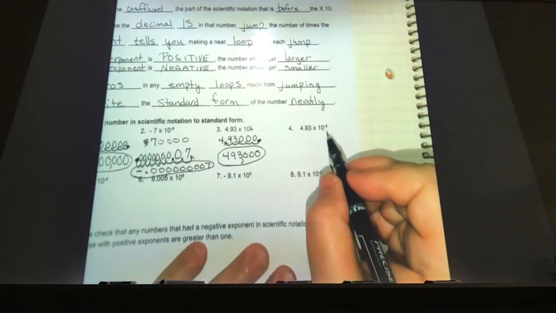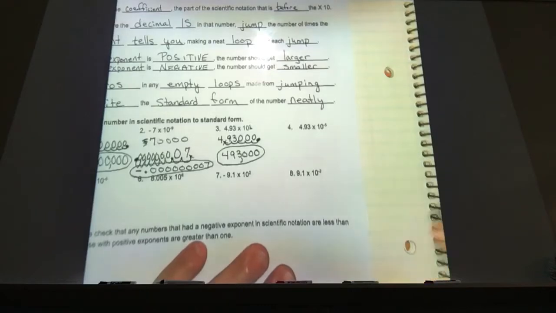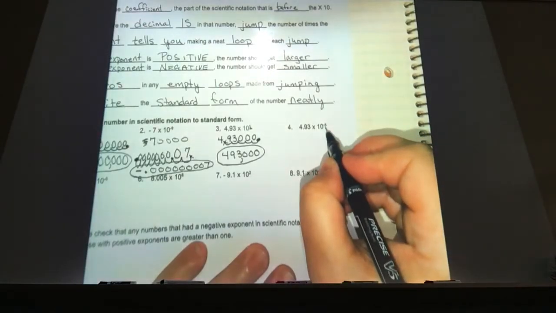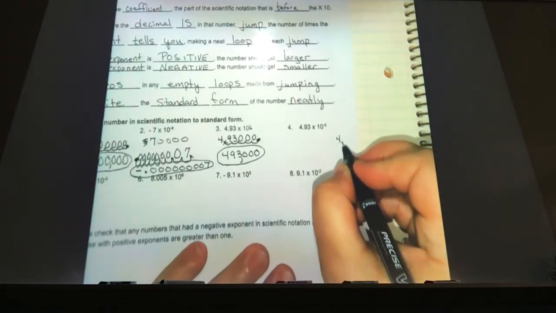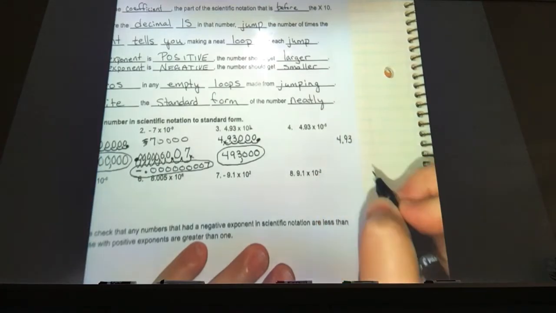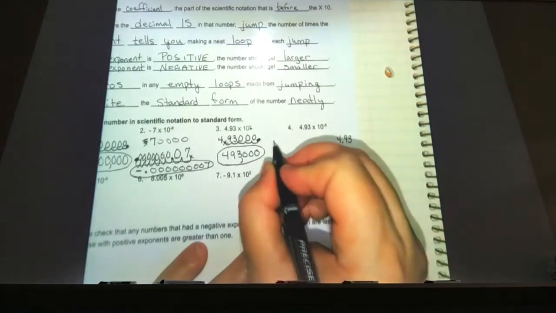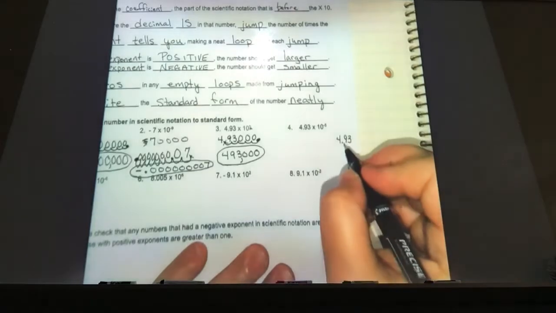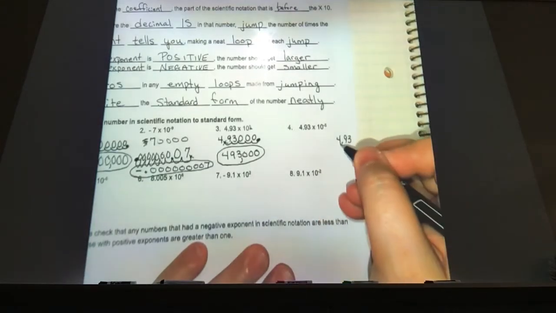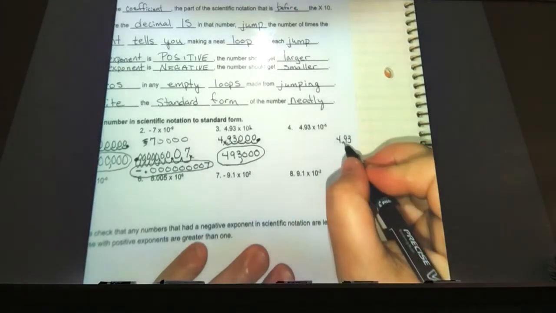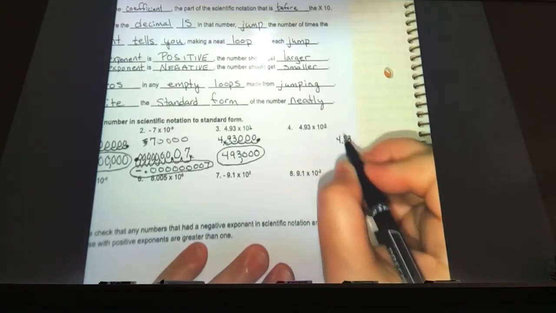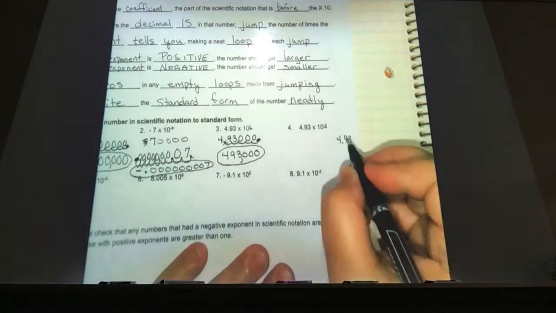This one is going to get smaller. Here's a little hint for having enough room when you're writing these. If it's one that's going to get smaller, put it over on the right-hand side of the paper as opposed to the left-hand side, because you're going to do your jumps that way, because I want this to be smaller than 4. I'm going to jump 5 times in a negative direction.